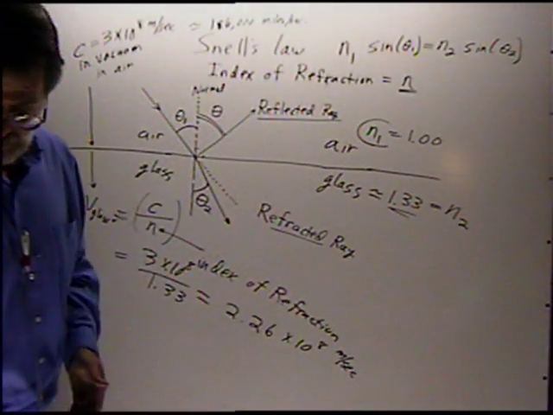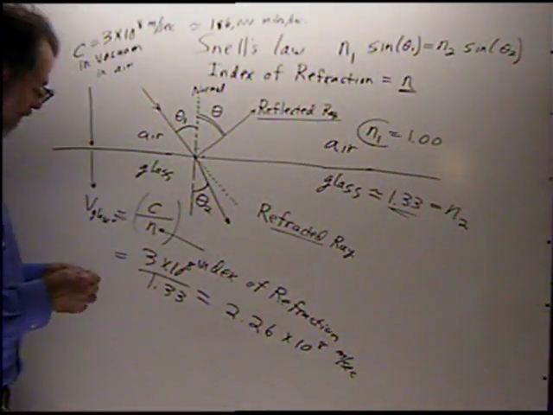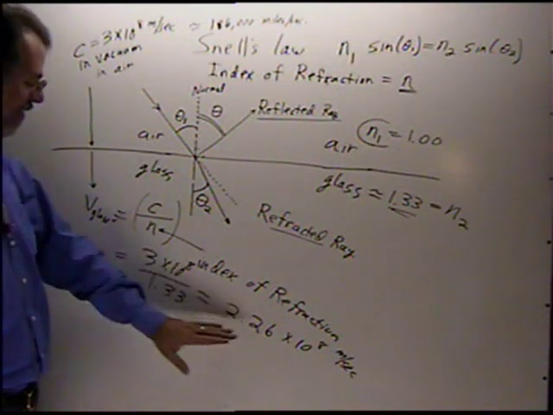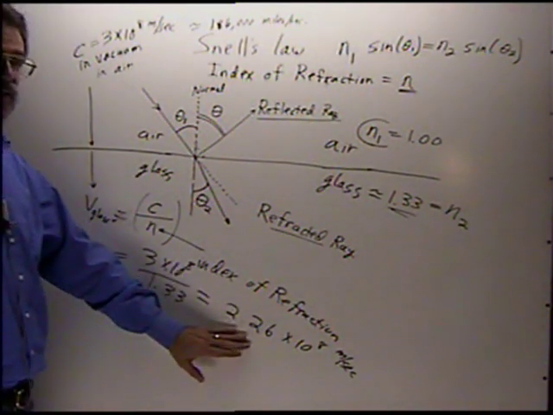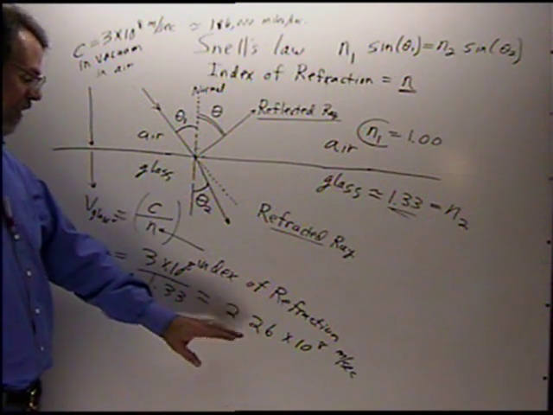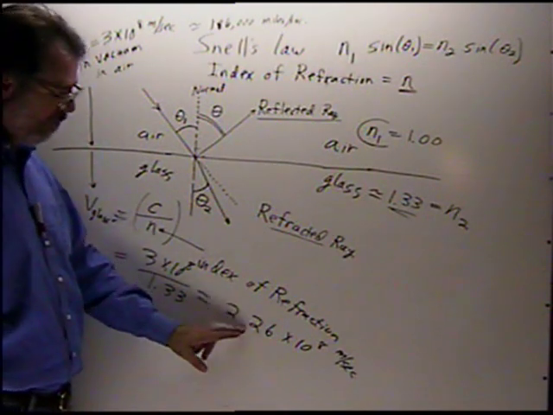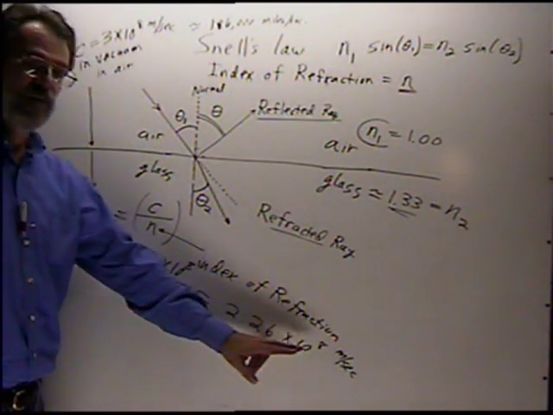Okay, so the speed of light actually slows down when it's traveling through the glass. Roughly 2.26 times 10 to the 8th meters per second.